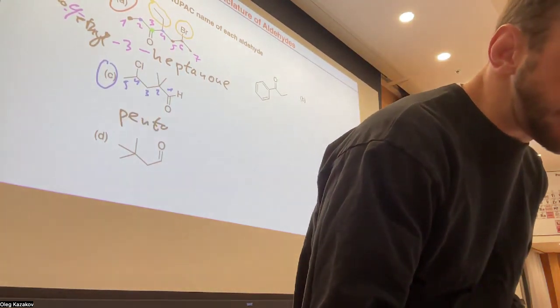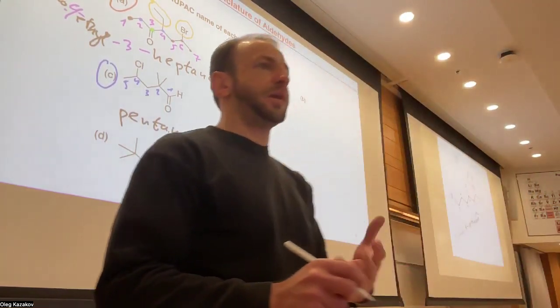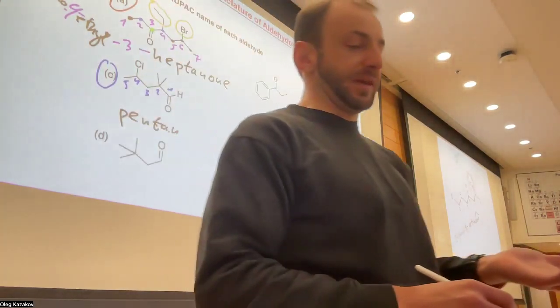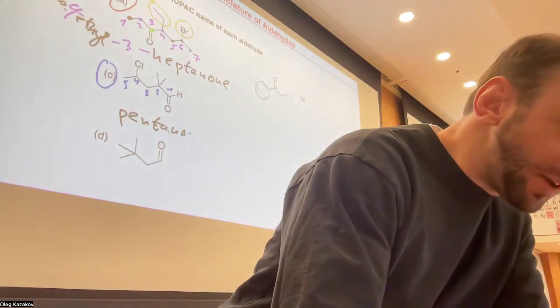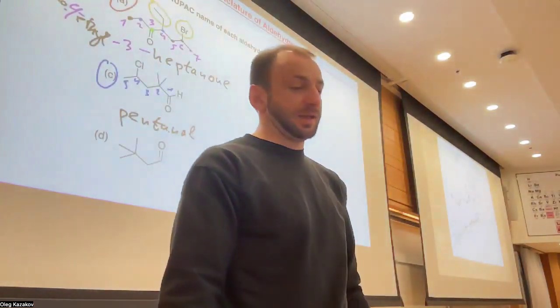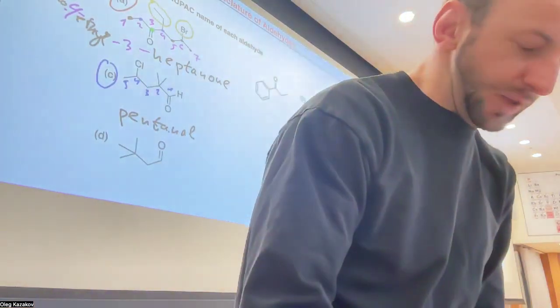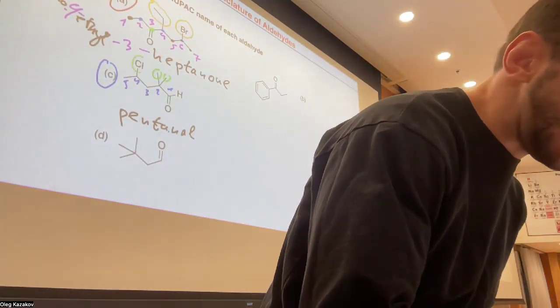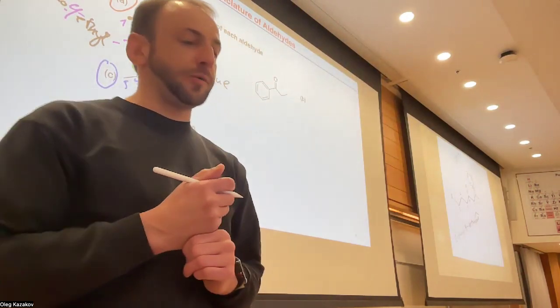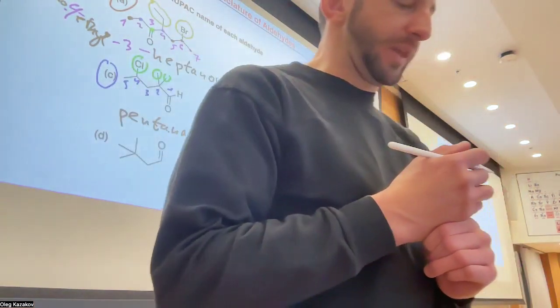So then the root will be pentane, right? Because it's based on pentane originally. But since you have the aldehyde, it's going to be bearing the suffix -al, right? So you have pentanal. So then you will have substituents, right? So this is going to be methyl and chlorine. So what do we have here?